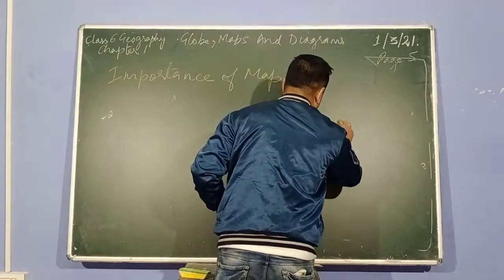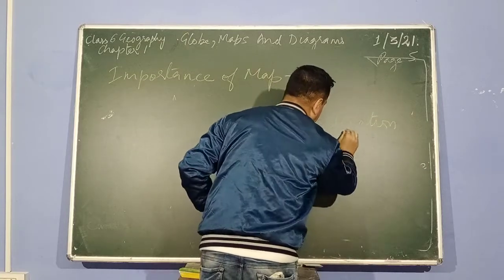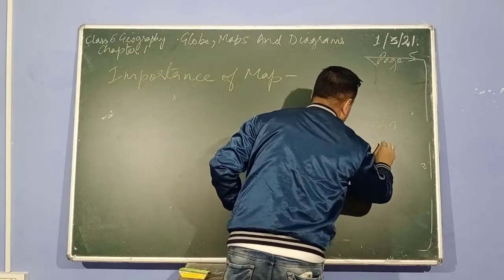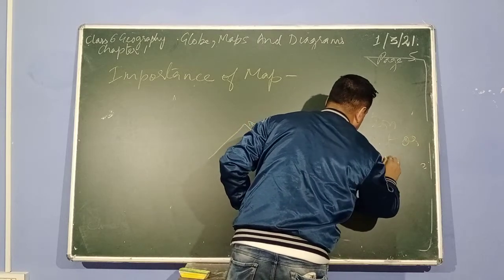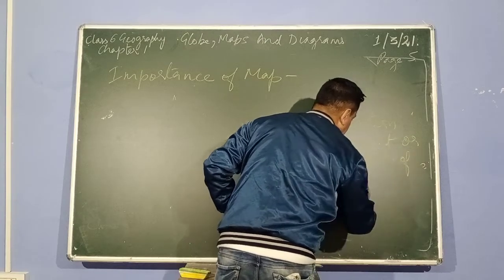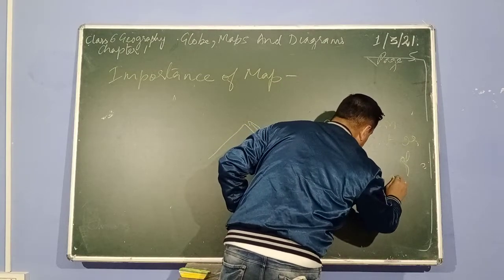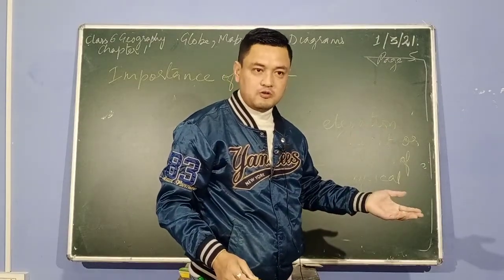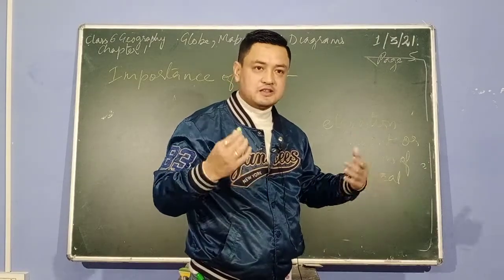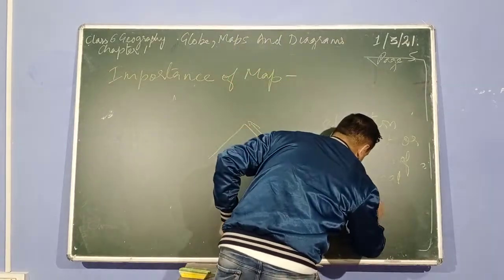So elevation means height or depth of what we call physical features. So I am writing physical features. Why? It includes all the landforms as well as water bodies. Water bodies means oceans, rivers, lakes, etc. Are you understanding? So physical features.